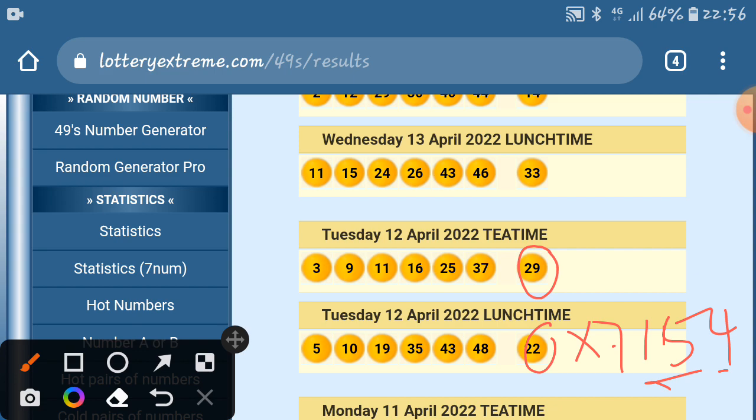Okay. 15 minus 4 equals to 11. 4 plus 5 equals to 9. Okay. Those are some of the numbers that we get. Okay. 4 minus 1 equals to 3.